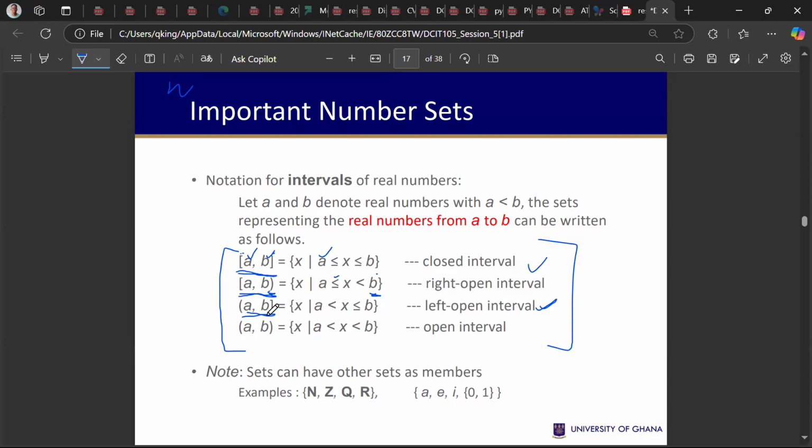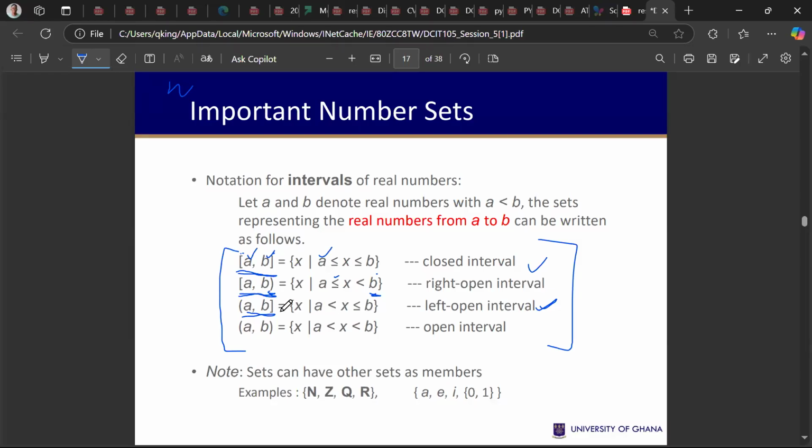This includes all real numbers x that are greater than a, and less than or equal to b. The parenthesis used here indicates that a is excluded, while the square bracket indicates that b is included.